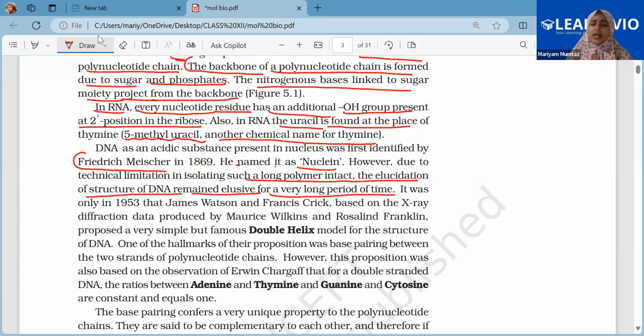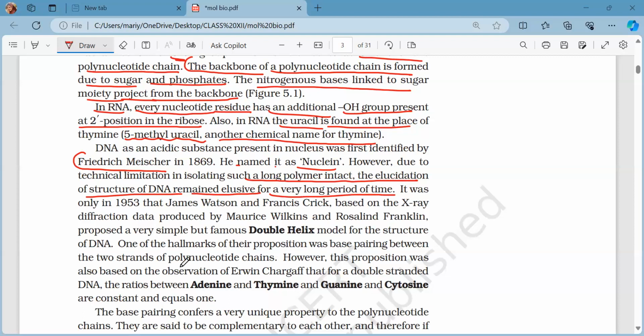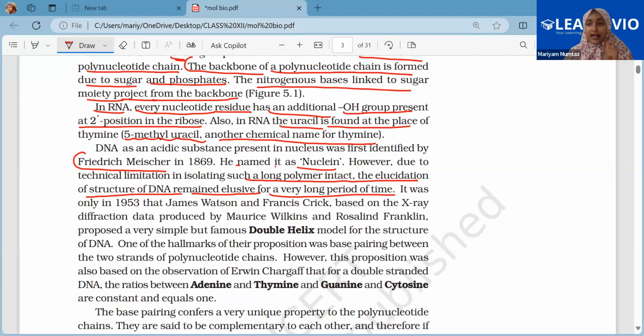Now, we know that DNA is a really long molecule, right? Because of that very reason, it is very hard to find out what the DNA structure was at that point of time, so the structure was unknown for a really long period.